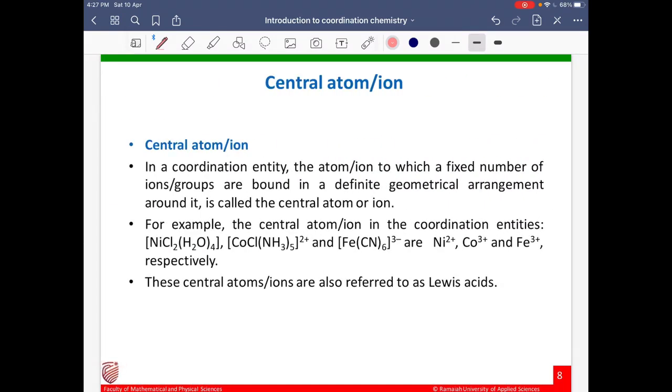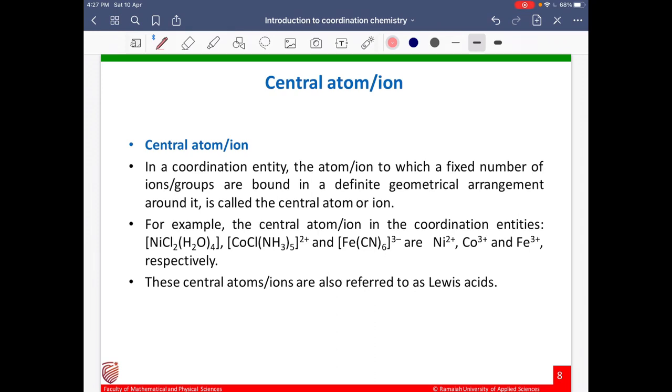Next is central atom or ion. In a coordination entity, the atom or ion to which a fixed number of ions or groups are bound in a definite geometrical arrangement around it is called the central atom or ion.